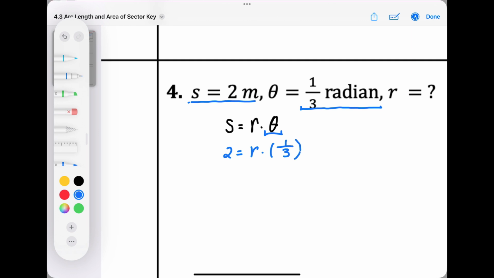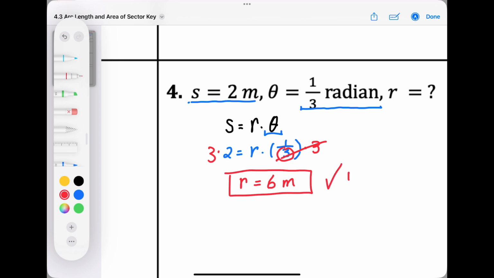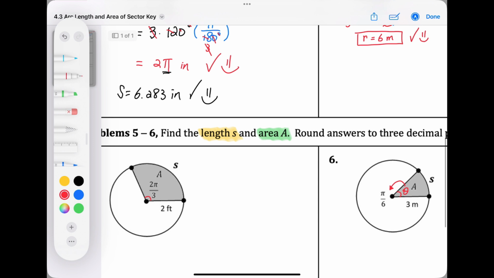So plug it in. Okay, no calculator. Undo it. Divide by 3, the opposite will be times 3 on both sides. So the 3 and 3 cancel out. I got R, it's equal to 6. Apples or donut? What's my unit? It's in meter. So this is what we mentioned about math is fun. We do not need a calculator.